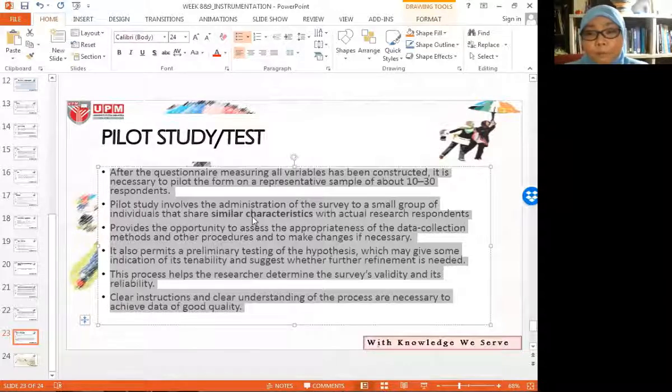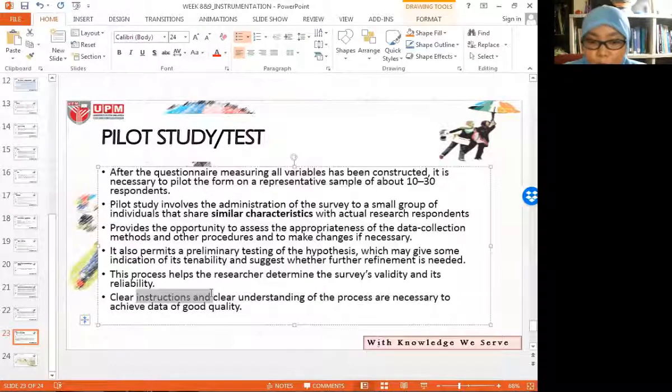At this stage, you want to check your individual constructs, the items for each construct. You want to check whether the instructions provided for your respondents are clear or not. You want to check whether the items of your instrument are clear to your respondents or not. This is its main purpose.